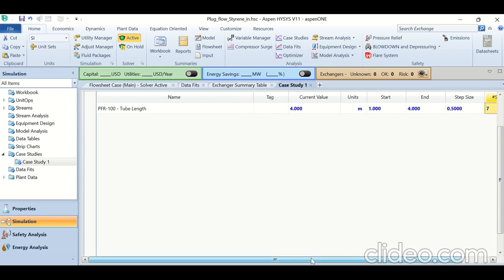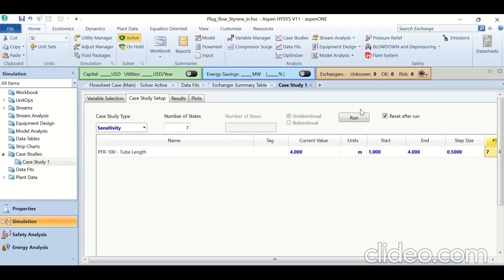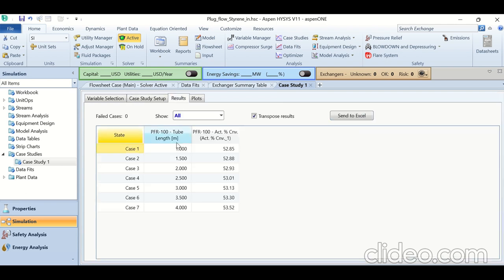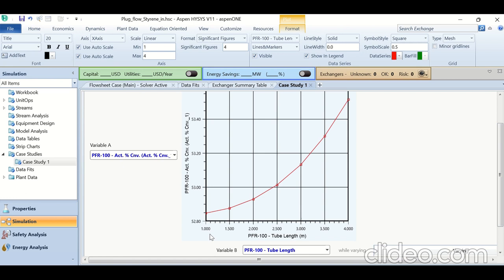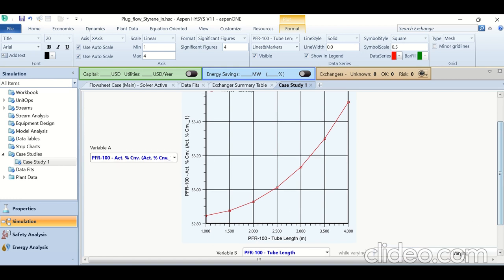Okay, and click on run. Here you can see the results, and you can also plot the results. So this is the conversion along the length of the tube.